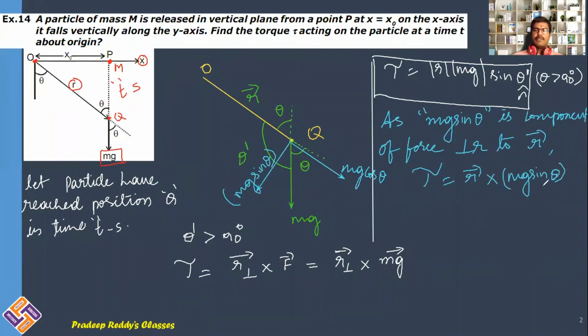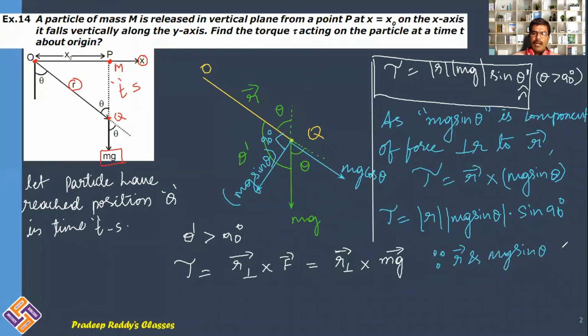Now R bar and mg sin theta are inclined by an angle of 90 degrees, therefore tau is equal to R magnitude into mg sin theta magnitude into sin 90 degrees, since they are at 90 degrees to each other.